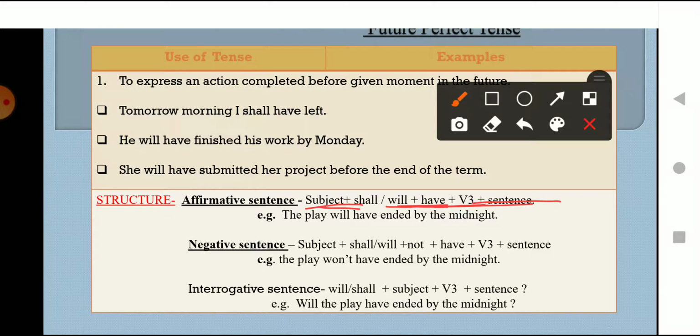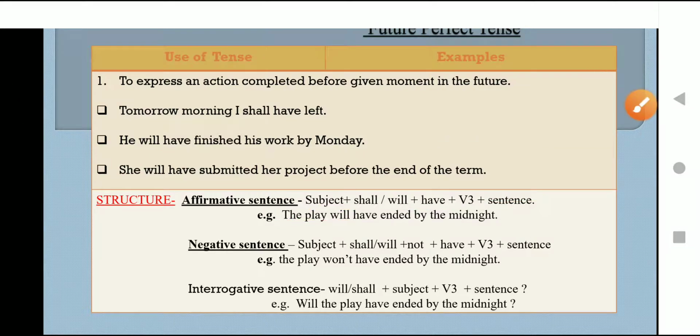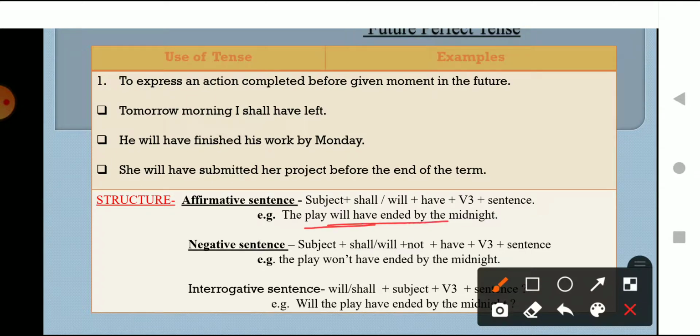The play will have ended by midnight. So here you can see how we have structured the sentence according to the rule. With the subject we have added shall or will accordingly, and then have, and the third form of the verb, and then the remaining part of the sentence.